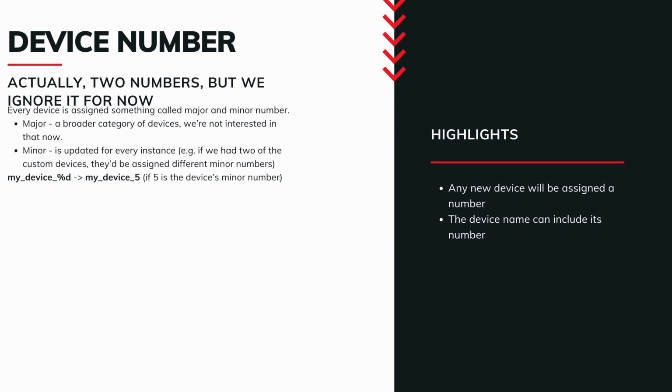If we attached two of our custom USB devices, they would be assigned different minor numbers. Well, it would be handy if the device file had this number in its name, and it actually can have that number in the name. When creating the device file, the name we assign to it is actually a template. It may have a %d placeholder, which will be substituted by the device's minor number. You can see an example here on the slide.